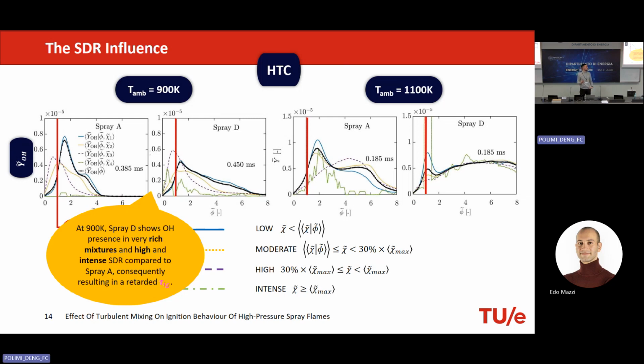It's not well influenced. The onset is retarded even more if you do the math there. Indeed, the high temperature combustion onset is even further delayed compared to the difference between the low temperature combustion onsets. While again at 1100 Kelvin the behaviors are really similar, and the onset times are really close.